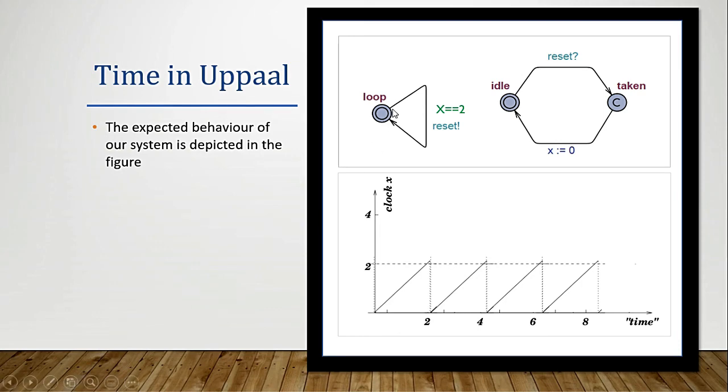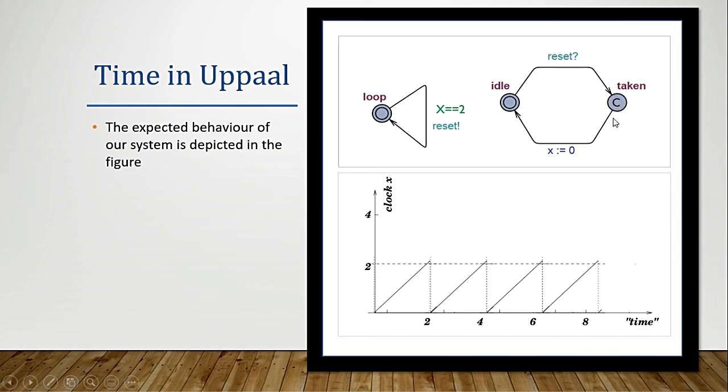Based on our observation now, you can see the time only starts from 0 and goes until 2. If the time is equal to 2, it will synchronize with another timed automaton, and this automaton here is committed. That means we do not want the clock to take time in this location, so it's committed.